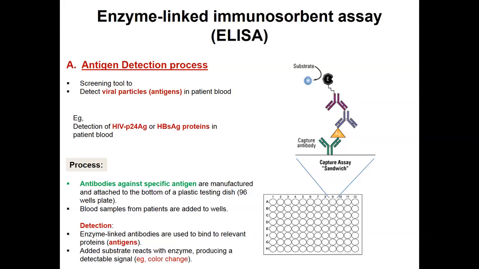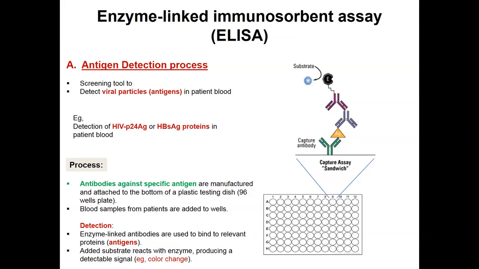Okay? So once you take the patient sample that contains the antigen and add it to the well, the antigen will be recognized by the antibody and it will bind to it. All right? So once it binds, you can wash the excess proteins away from the wells. Now, the next thing you do is add another antibody that recognizes a different epitope on that antigen.